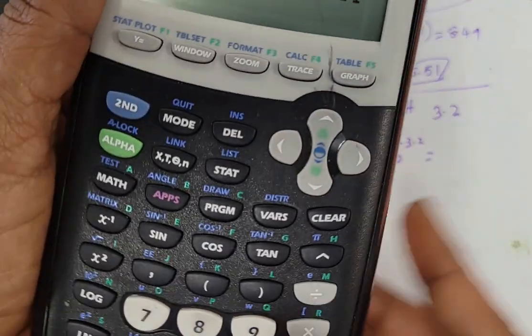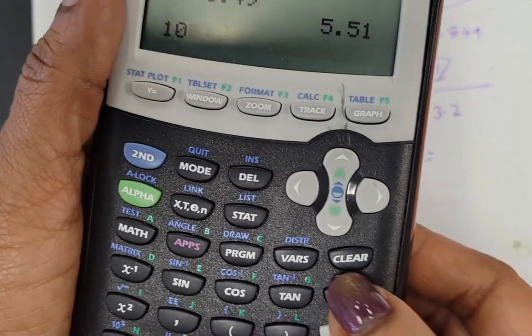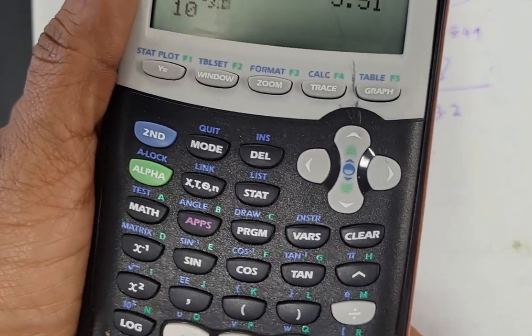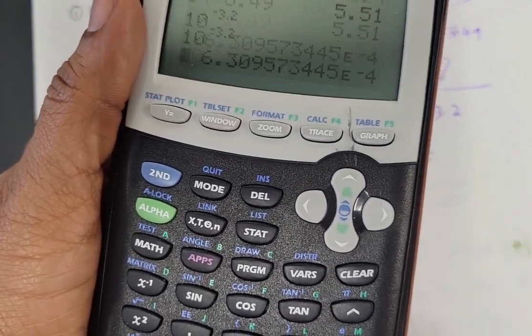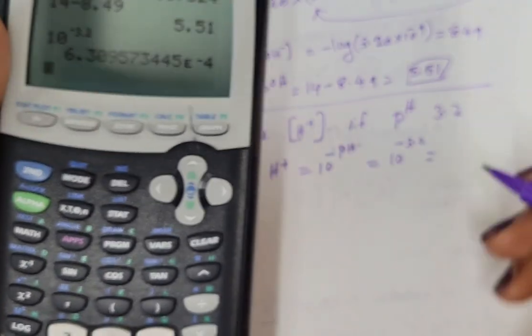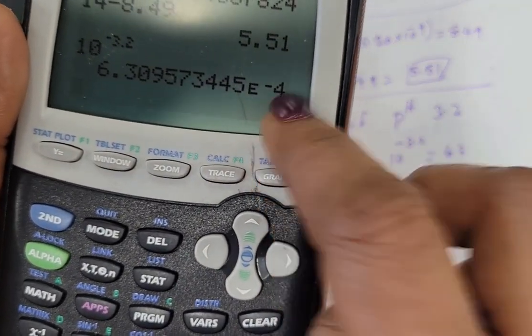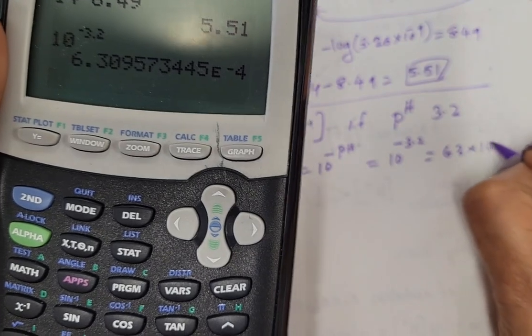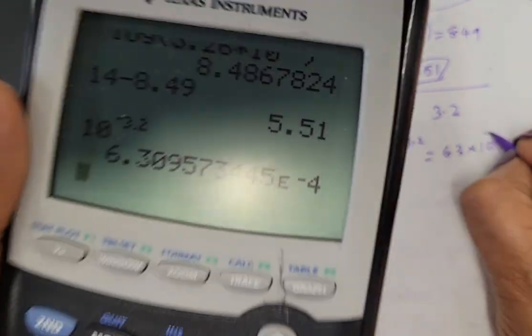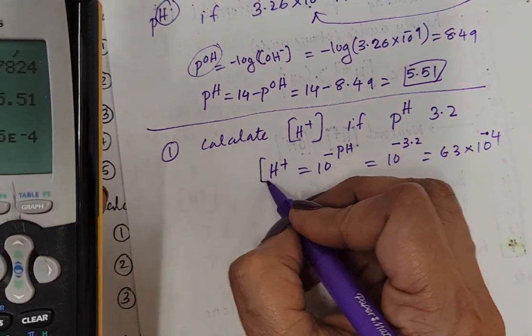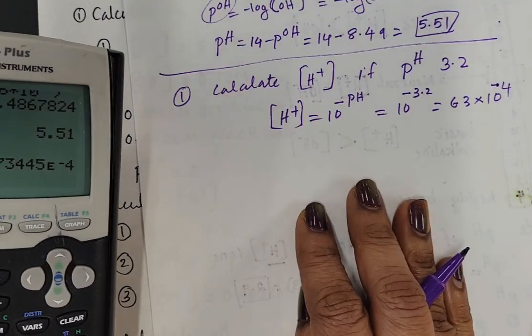So just go here, 10 exponent negative 3.2, which is 6.3, and remember at the end there is e raised to minus 4. That means for the exponent, you have to write 10 to the power of whatever value it is showing, like this. That is the concentration of H plus.